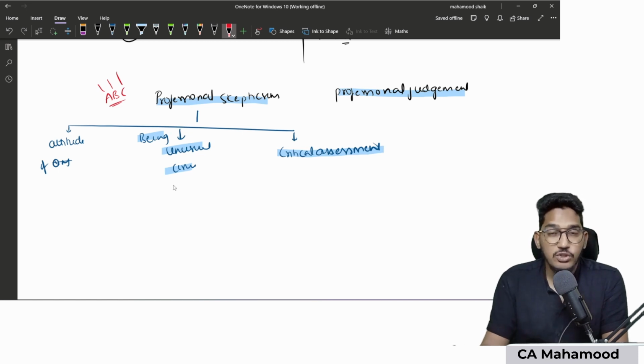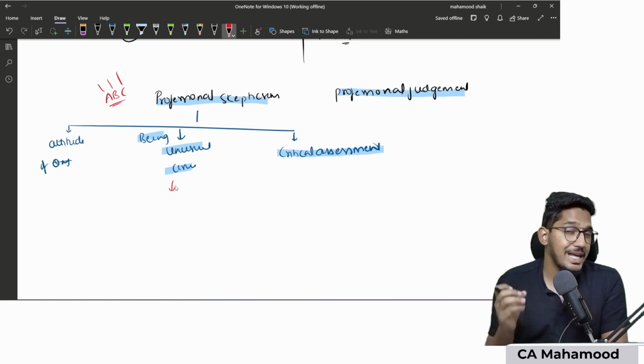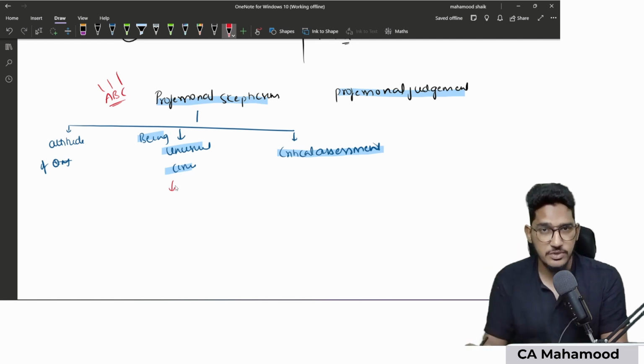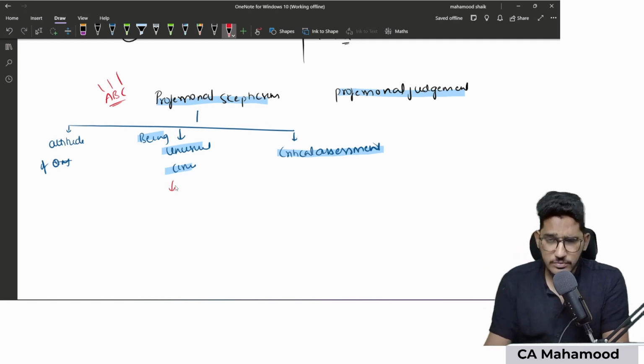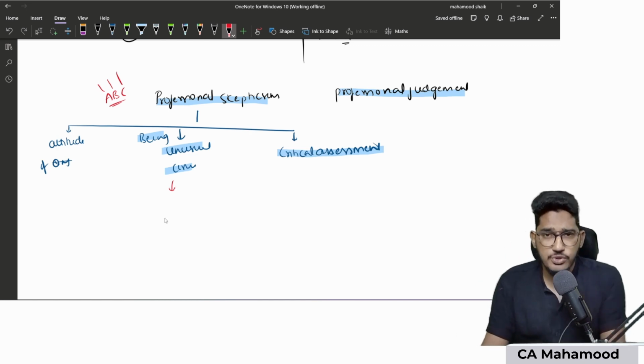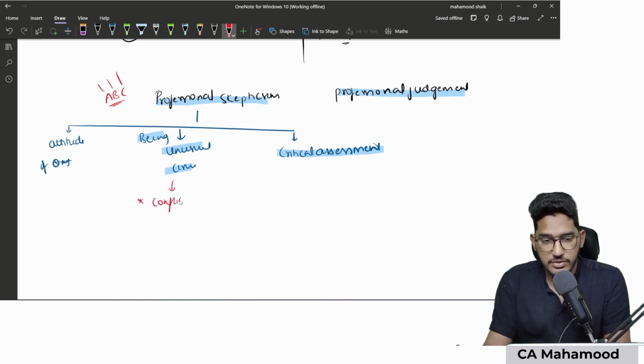Now, when I am saying you have to remain alert to unusual circumstances, the standard has also given examples of unusual circumstances to which you should remain alert. They have given examples of three unusual circumstances. Number one, one example of unusual circumstances is conflicting audit evidences.